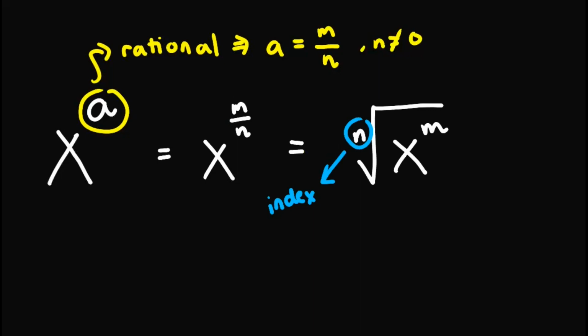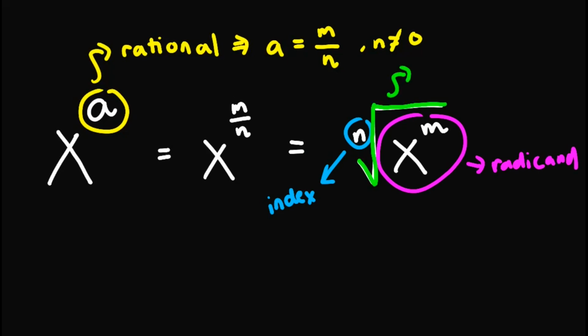Then this expression inside stands for the radicand. Then this symbol out here is called the radical sign or symbol, or it is also called surd. So these are the basic parts of a radical or a radical expression.